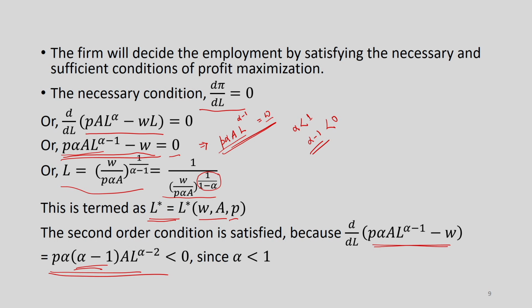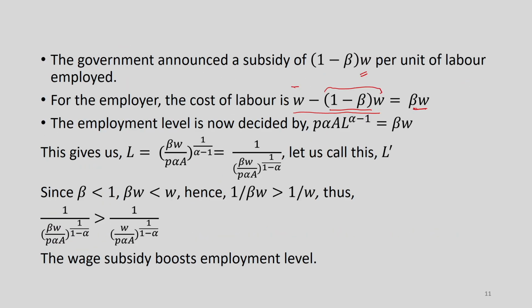What has changed now is that the left hand side has remained the same, but the right hand side is no longer W. The producer is paying only the beta part of that W, so beta multiplied by W. So, the new condition of profit maximization is P alpha A L to the power alpha minus 1 equal to beta W.